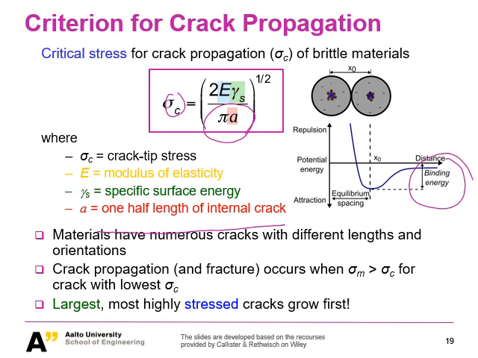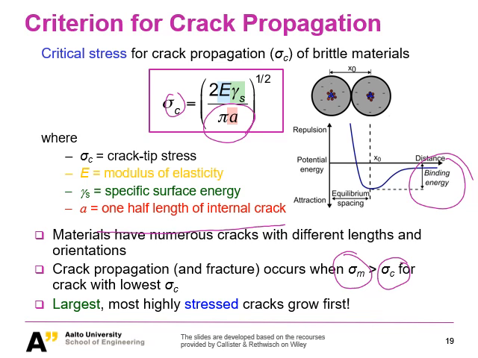And three important conclusions here. Our materials naturally have numerous cracks with different lengths and orientations, as we just discussed before. And if we want to trigger crack propagation, we need to make sure the sigma m that we just derived, how to calculate it, right? This is, let's say, an intrinsic value. This value should be bigger than the sigma c, which is sort of an intrinsic value.